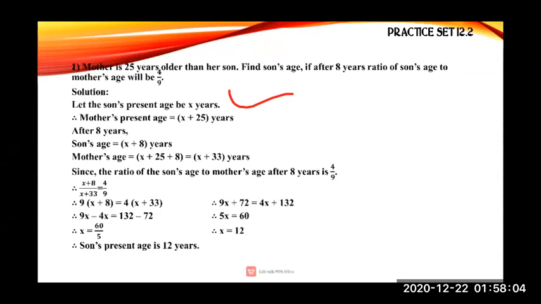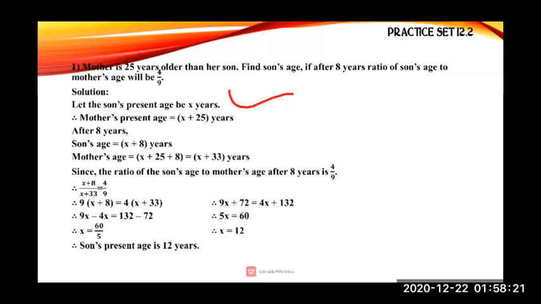Now after 8 years, what do they ask? If after 8 years the ratio of the son age to the mother age will be 4/9. So after 8 years son age will be x plus 8 because we have assumed the present age as x.